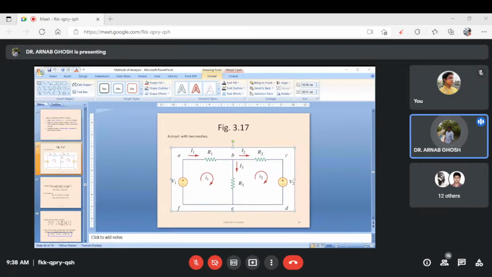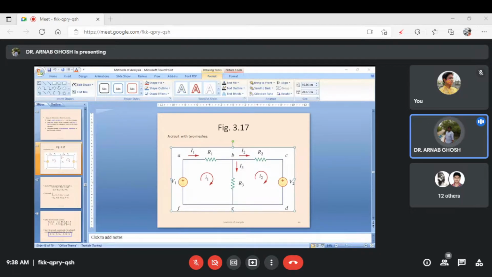Just concentrate on small I1 and small I2. Okay, so you see through R1 the current flowing is small I1.